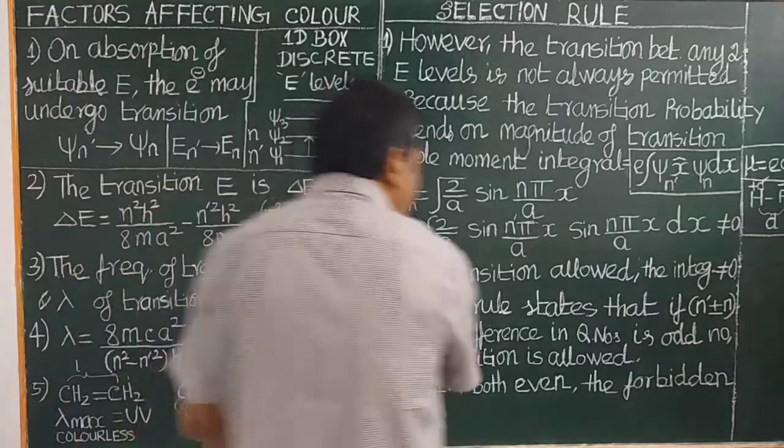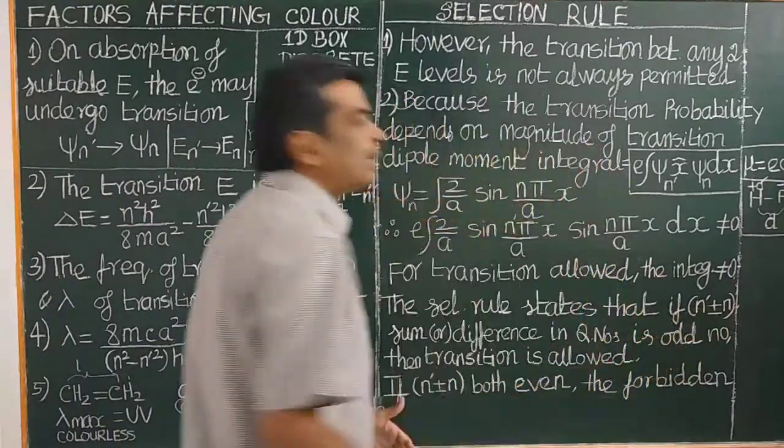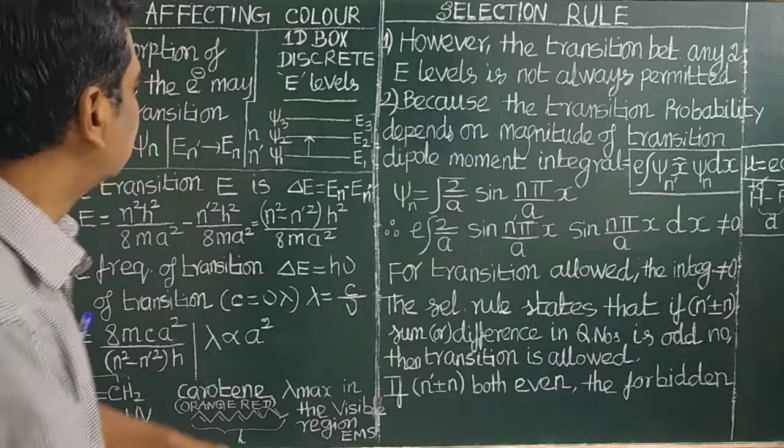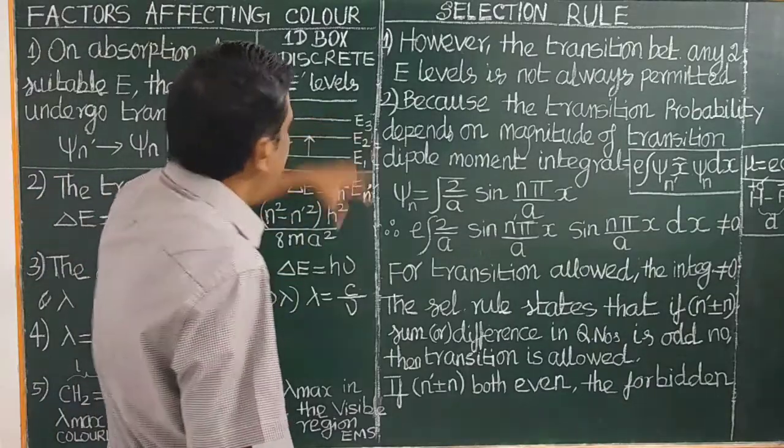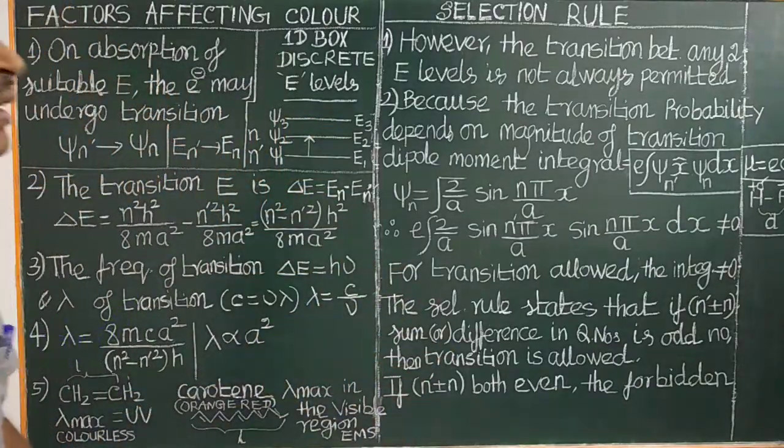If the sum or difference in quantum numbers is an even number, then the transition is forbidden. For example, E1 to E3 எடுத்து நான் எக்ஸ்பிளைன் பண்ணிருக்கேன், பின்னாடி பாருங்க.